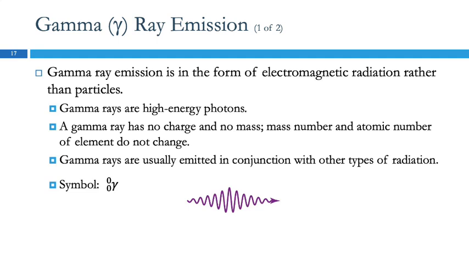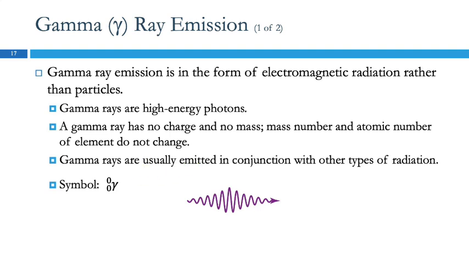So these are rays, they're waves. They have no charge, they have no mass. And so the mass number and the atomic number are both going to be 0 because they don't change for the nucleus that's undergoing this. So the symbol is the Greek letter gamma, 0, 0. So this is just a wave that comes off, energy.